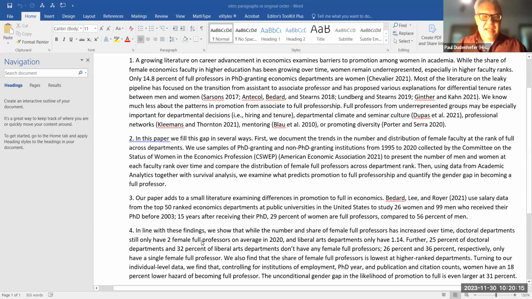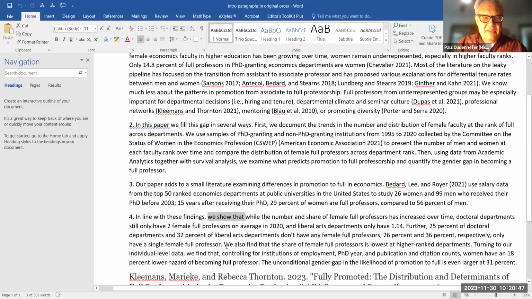The third thing that I want to point out is, and this overlaps with what I just said, they're very explicit about what they're doing here. So, we fill this gap. Our paper adds to. We show that.